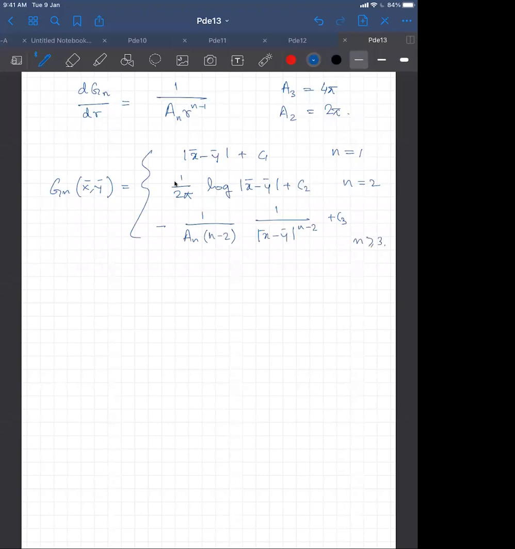Okay. So for n greater than or equal to 3, we can actually see, no, let's not call this c3, let's call this cn actually.